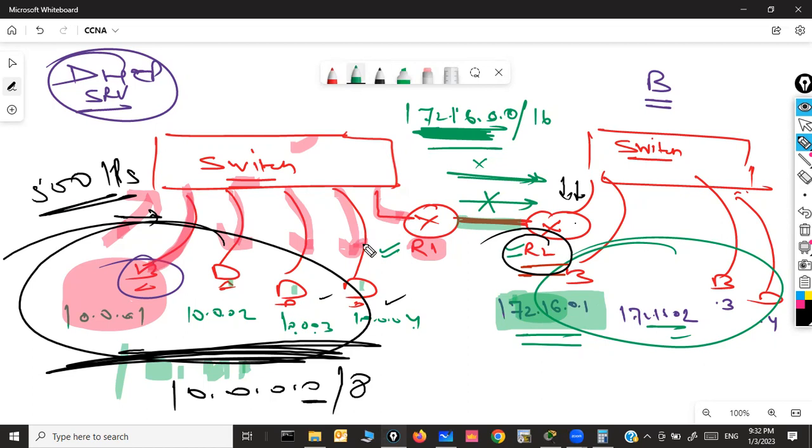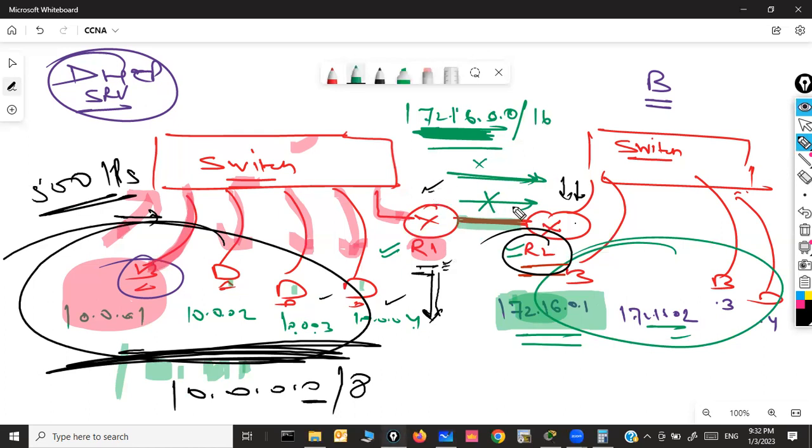So when we put routers, the router is acting as an entry and exit point. Remember, yesterday I mentioned this point that the gateway is the entry and exit point of a network. Without a gateway, without a router, different networks can never communicate. But even different networks will not communicate just by putting a router.